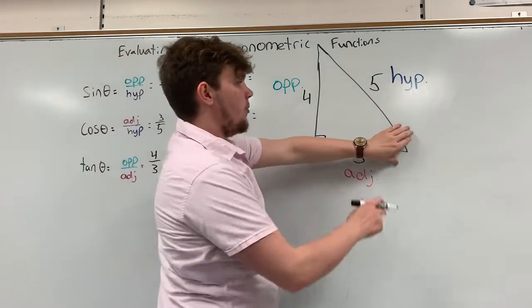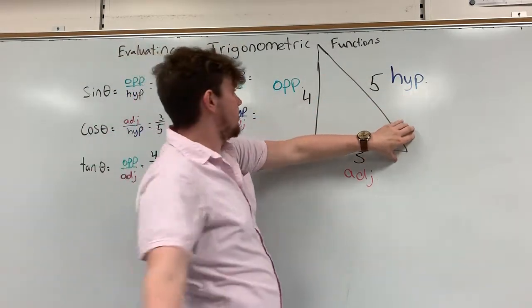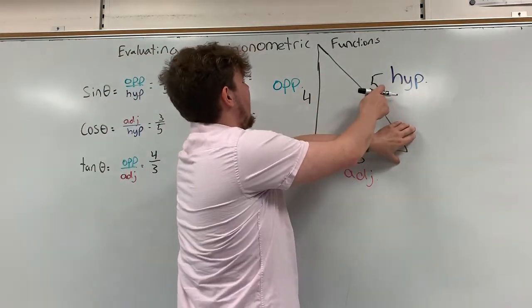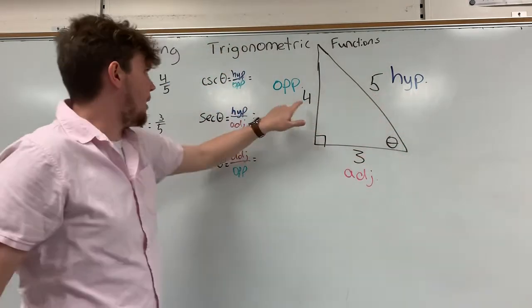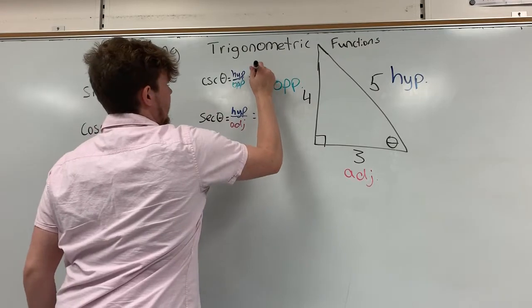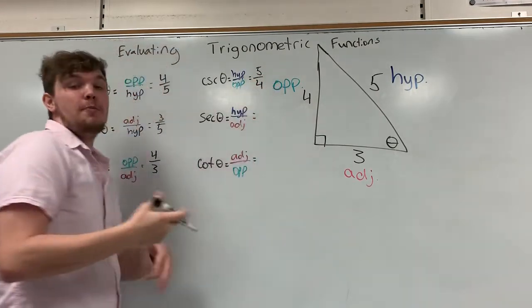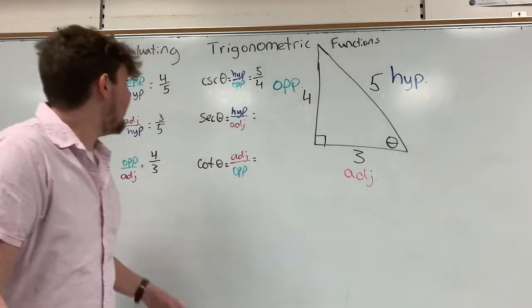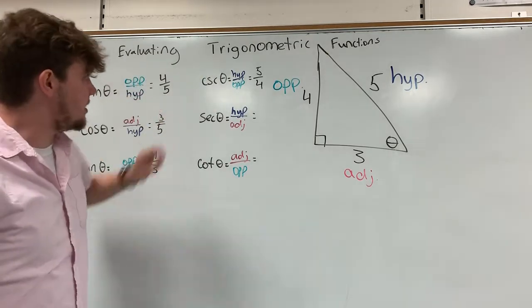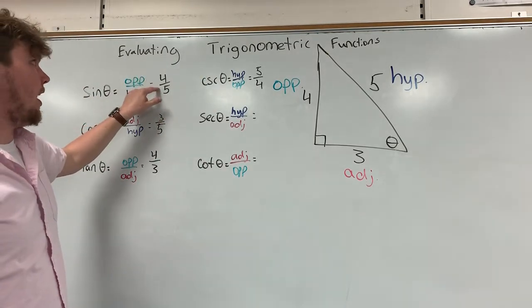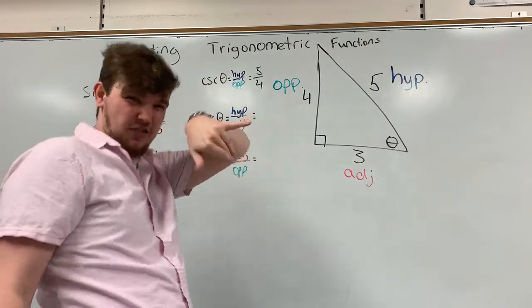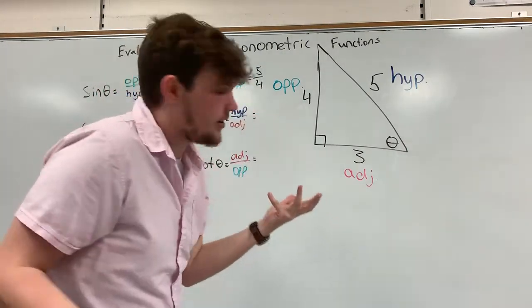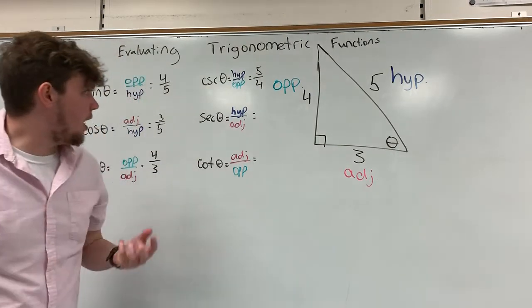From right here, the hypotenuse is 5, and the opposite is 4. So, 5 divided by 4. You may also notice that if I looked at sine and cosecant, 4 over 5 became 5 over 4. I literally just flipped it. That's it. Nothing else to it.